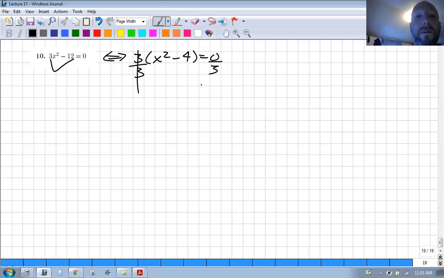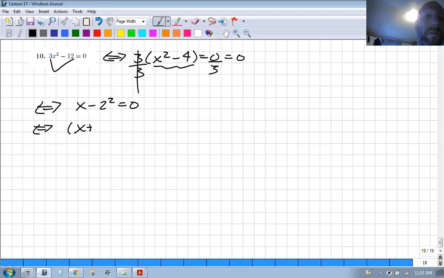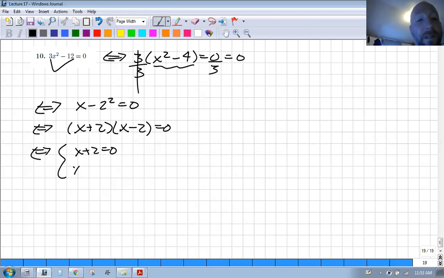This is still 0. So this is the difference of two squares, x minus 2 squared. So this is x plus 2 times an x minus 2. So either x plus 2 is 0 or x minus 2 is 0. So x is minus 2 or x is plus 2.